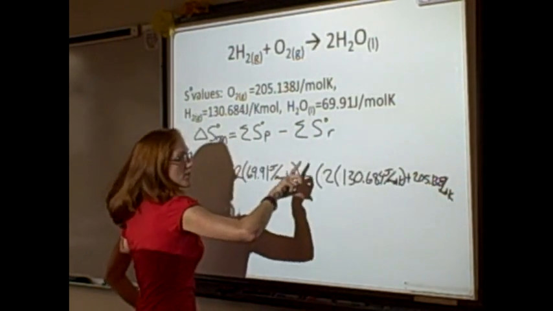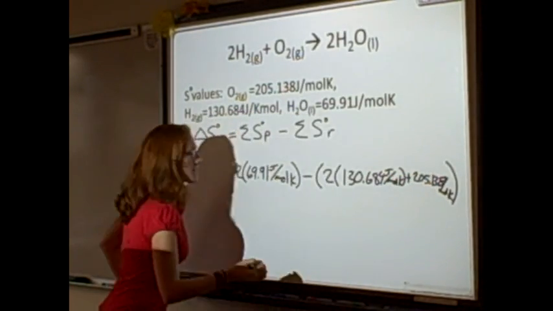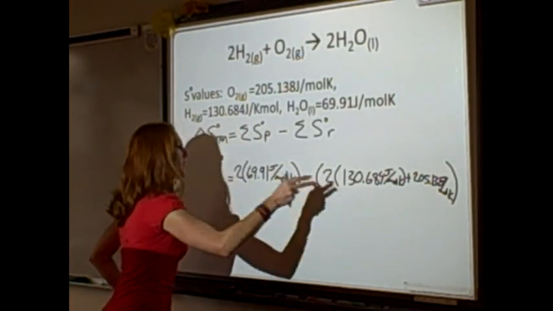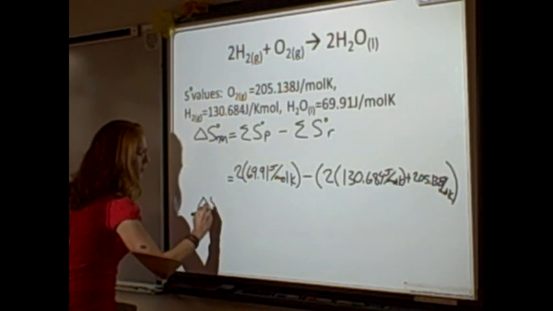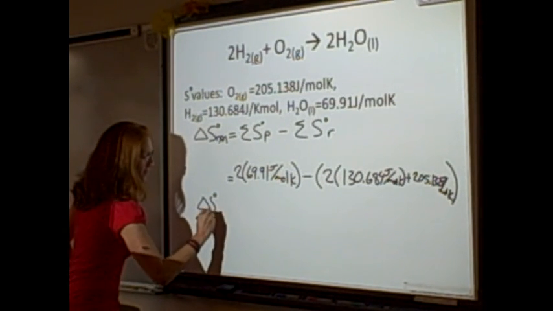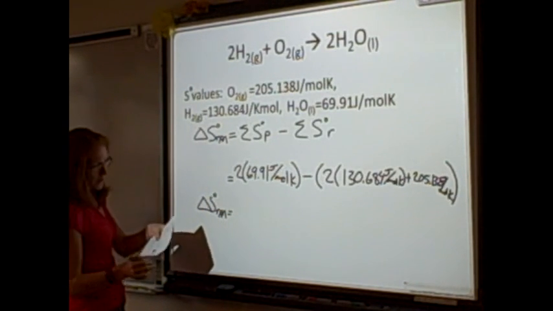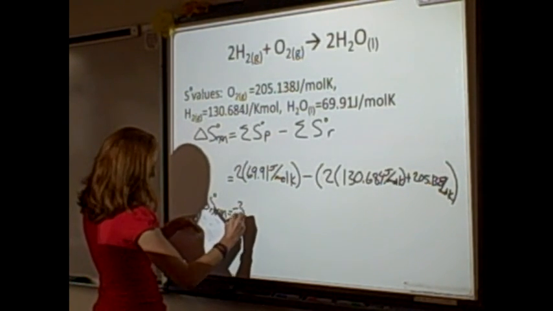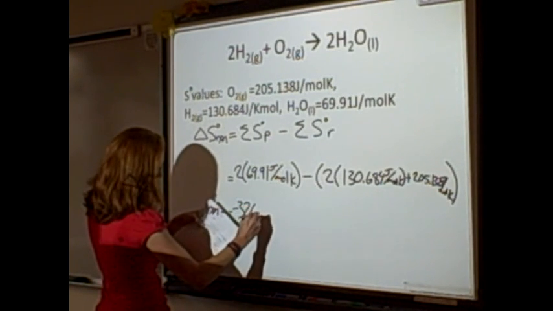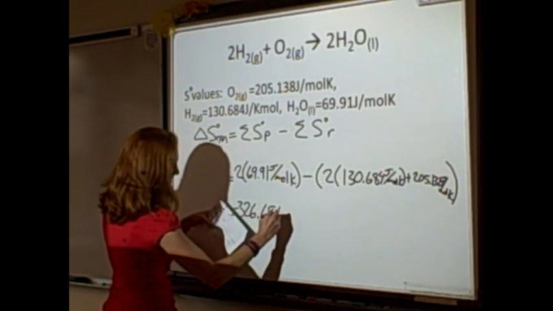Hopefully you can read that. And let me close my parentheses. All right, so I'll take this and I'll subtract that, and I will get that the change of entropy under standard conditions of this reaction, just math, ends up being a negative 326.686 joules.